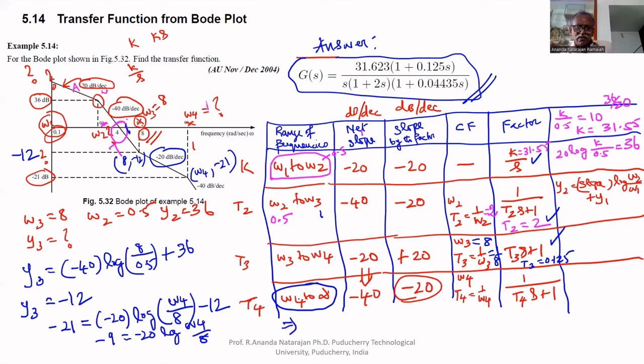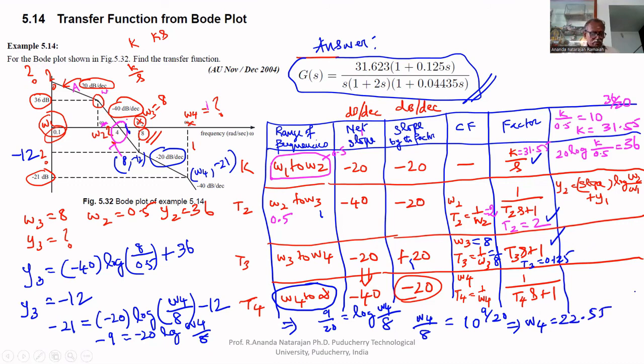Minus minus getting cancelled. Therefore, 9 by 20 equal to log omega 4 divided by 8, or omega 4 by 8 equal to 10 to the power 9 by 20. This implies omega 4 equal to 22.55.